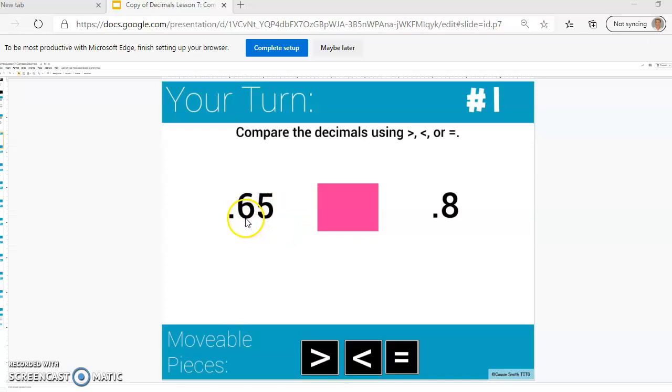So we are looking at a 6 and an 8. And I know that 6 is less than 8. So I am going to go ahead and move that gator in. So write this one down. 65 hundredths is less than 8 tenths. Pause the video and write that one down.